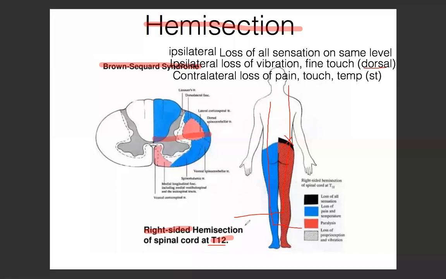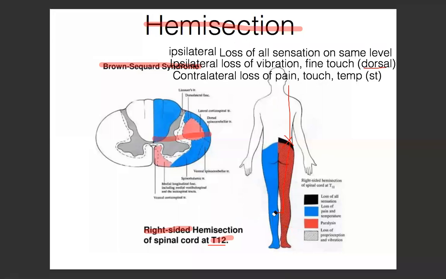يعني لما نقول contralateral it's in respect to the area of the damage. فهمتوني؟ يعني الدمج هو on the right لكن السensation اللي بيضرب is on the left because the left قطع to the right side first or it crossed to the right side first and then it got damaged.